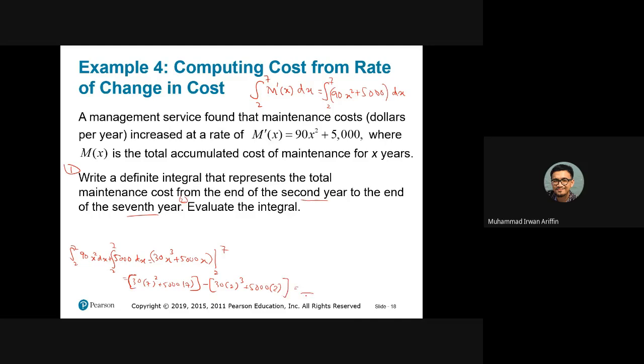And this should give you the final answer. Once we evaluate the integral, it is 29,480. So this would be the total maintenance cost from the second year to the end of the seventh year.